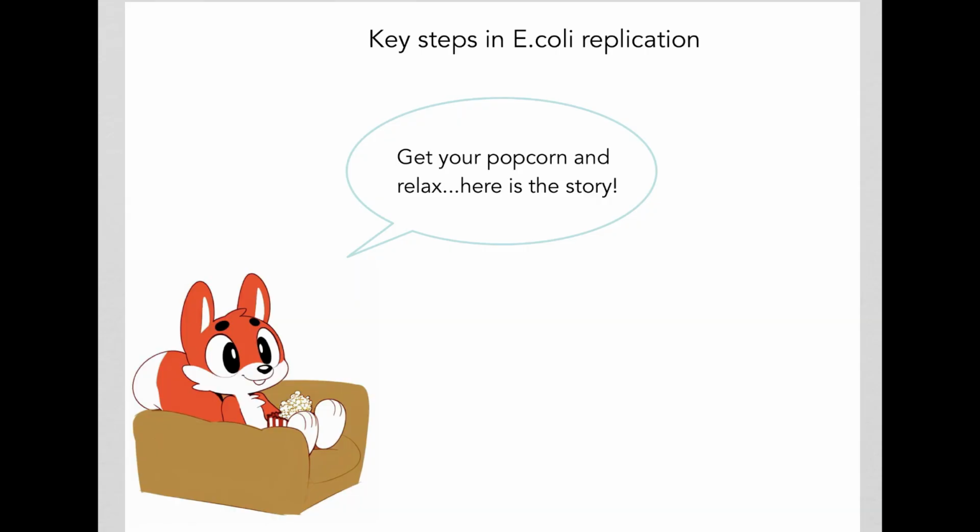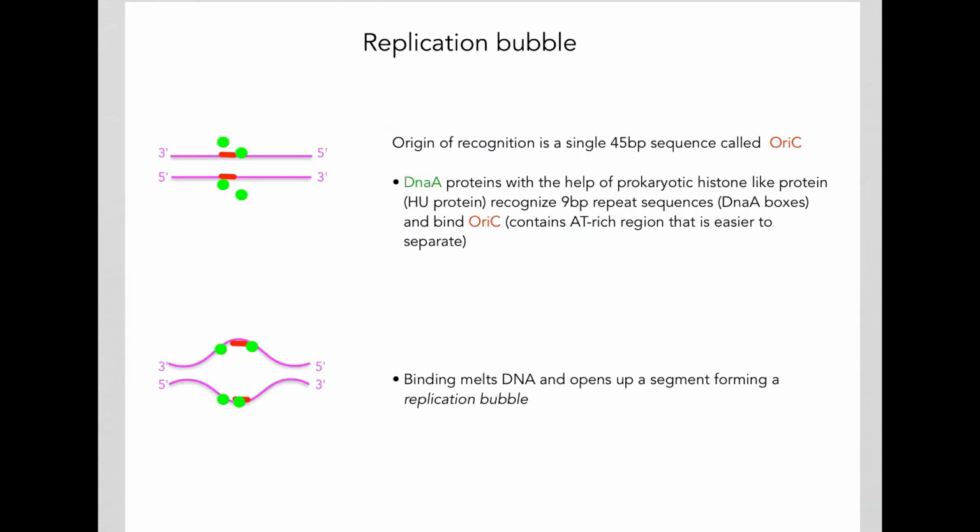So let's look at the key steps of replication, focusing primarily on the concepts as well as the key proteins that are involved. The origin of replication, shown here in red, is a single 45 base pair sequence, and we call that the ORI-C.